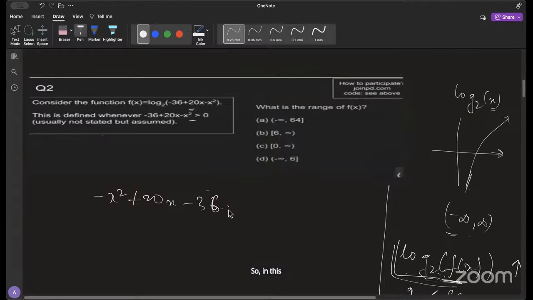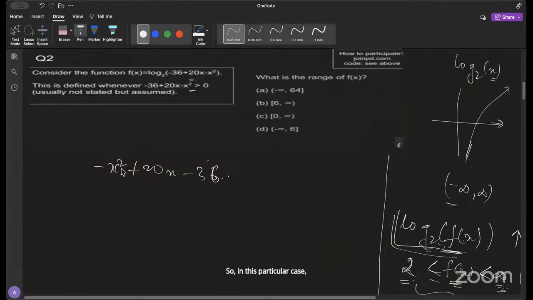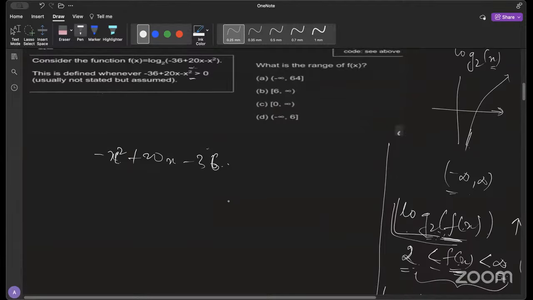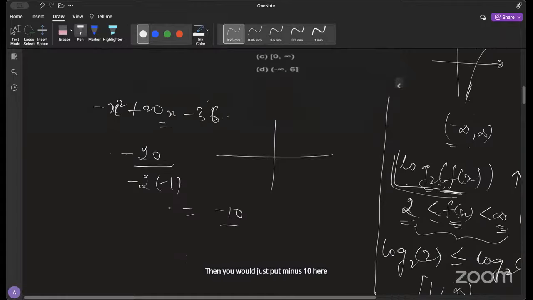In this case, the vertex is going to be minus b by 2a, that is minus 20 by 2 times a, and your a is minus 1. So it's going to be 10. And then you put 10 here to get the y coordinate, right?